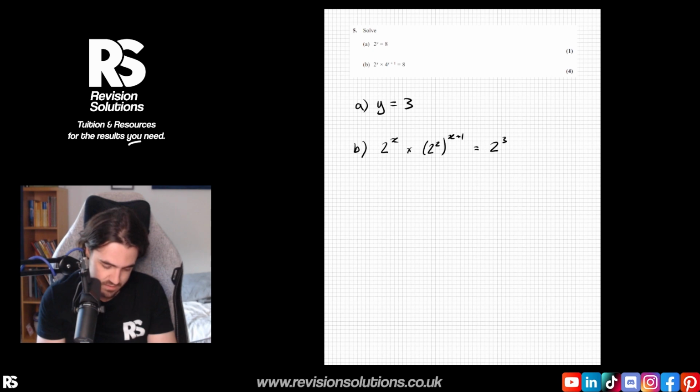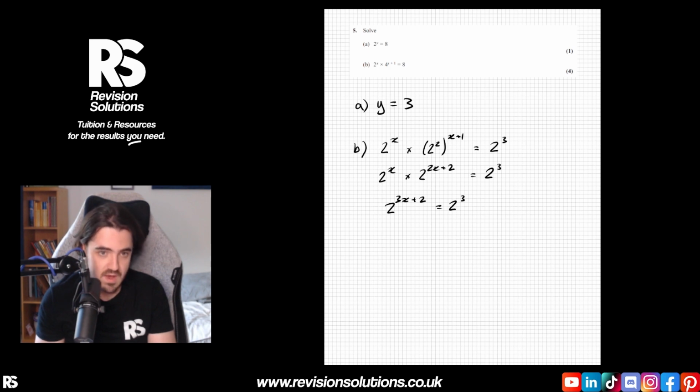So that's going to leave us with 2^x times 2^(2x+2) equals 2 cubed. Now we can combine these two indices with the multiplication rule. You just need to add x to 2x plus 2. So that's just 2^(3x+2) is equal to 2 cubed.